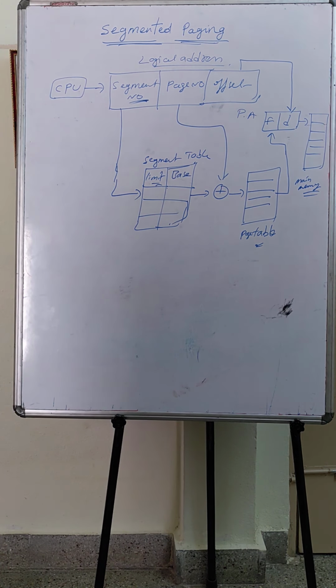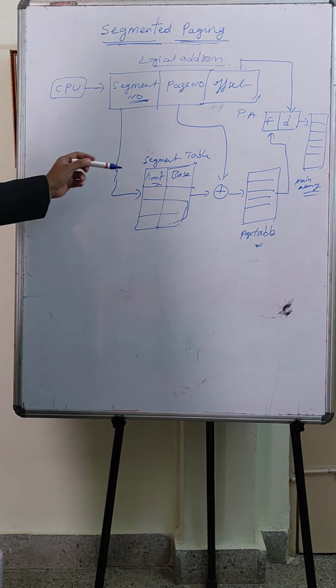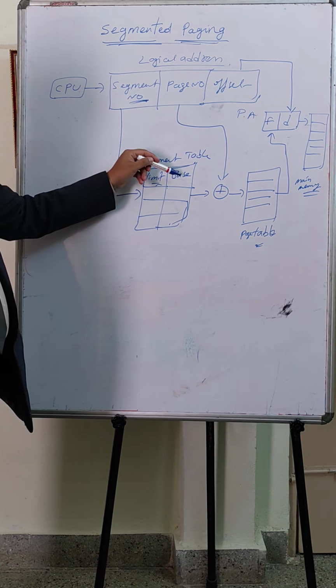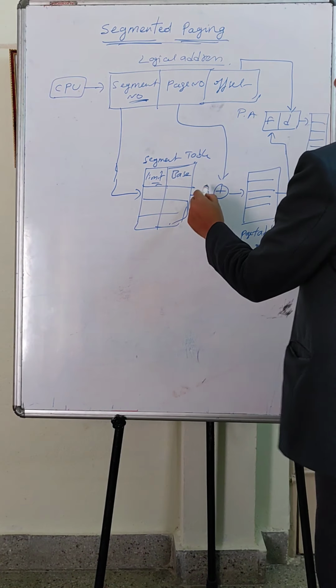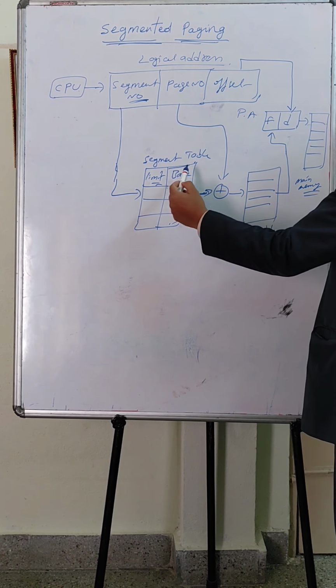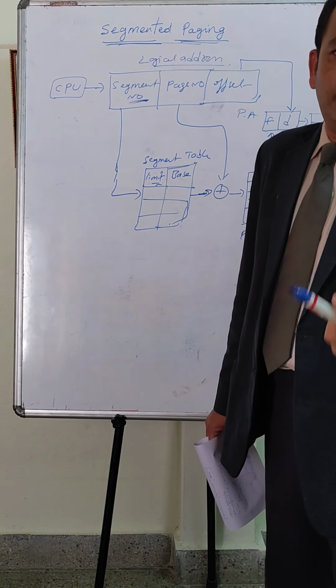My dear friends, let us see this architecture. The CPU generates a logical address, that is, segment number, page number and offset. The segment table gives which segment is stored in which location in main memory, and the page table then divides the particular segment into a number of pages.